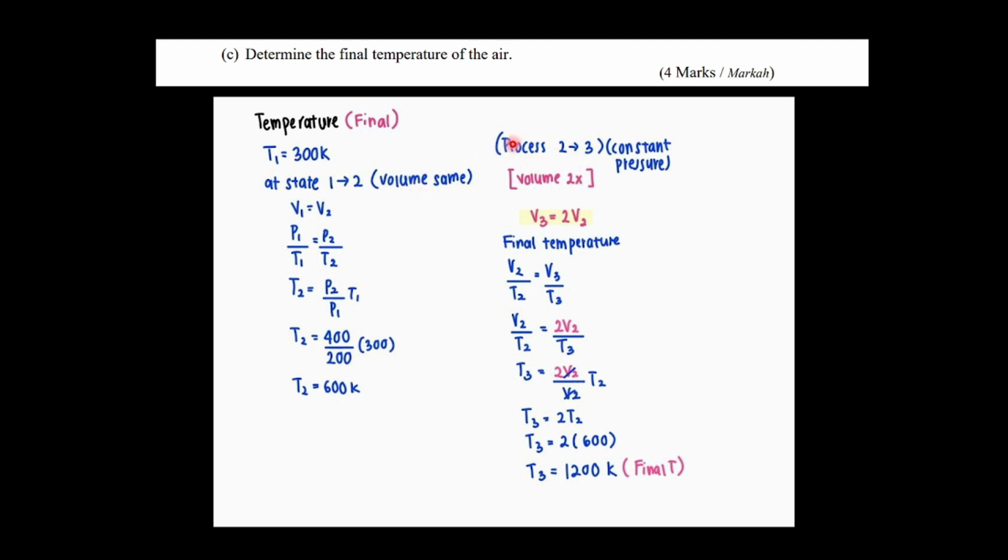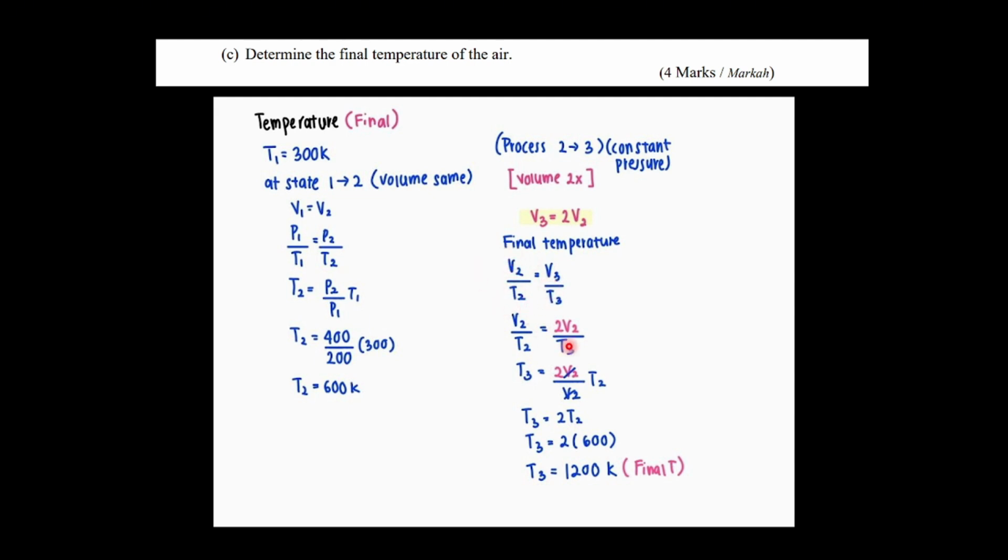As we know, process 2 to 3 is at constant pressure, and the volume at state 3 is double the volume at state 2. So V2 divided by T2 equals V3 divided by T3, because the pressure is the same. The change is only in the volume and the temperature.